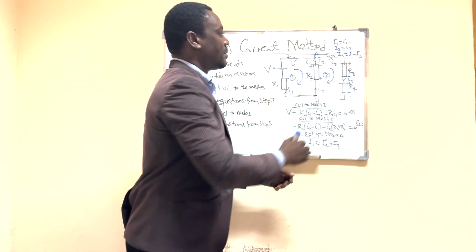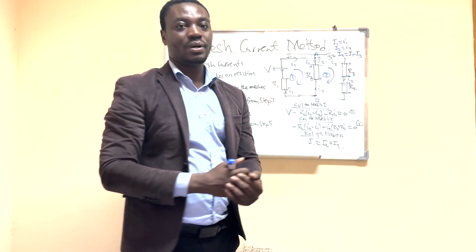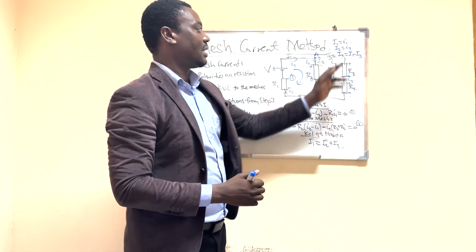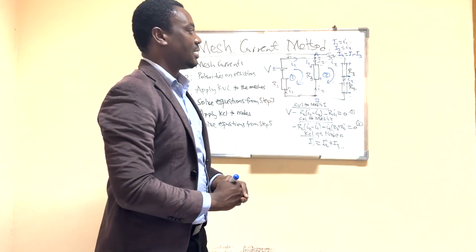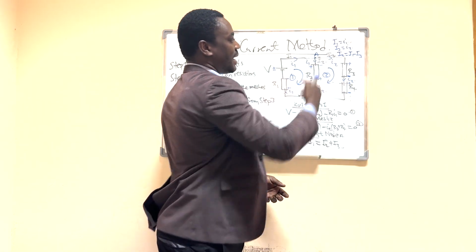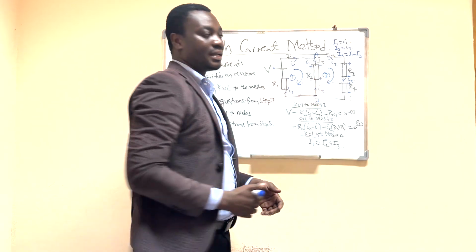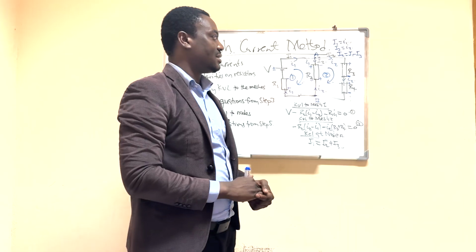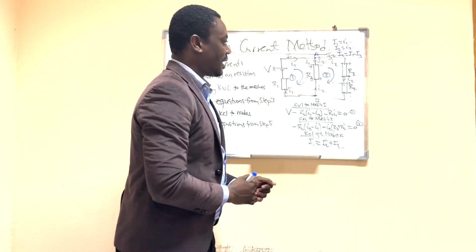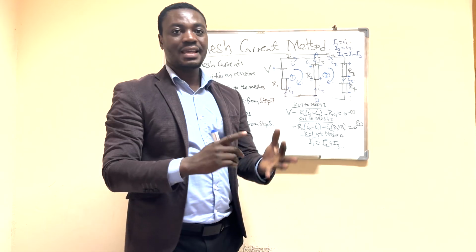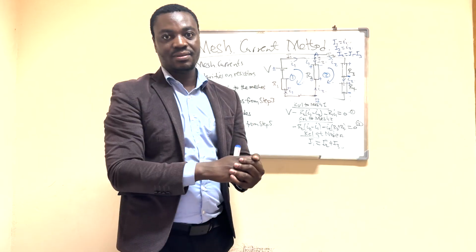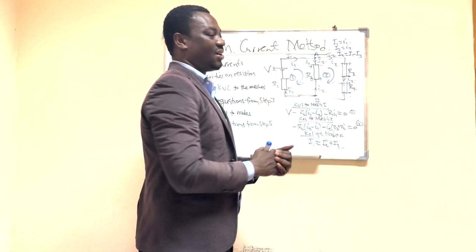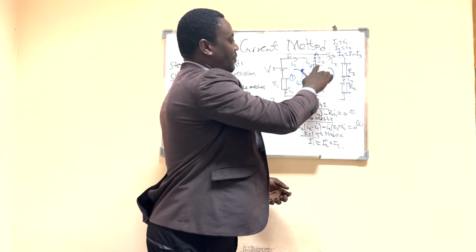So that means I can write I1, my real current or branch current I1, is equal to mesh current I1. The same thing for I3: there is only mesh current I2, so I3 is equal to I2. Now that we've done this, I've gotten I1 and I3 for the branch currents, or the real currents. Then I2 remains.